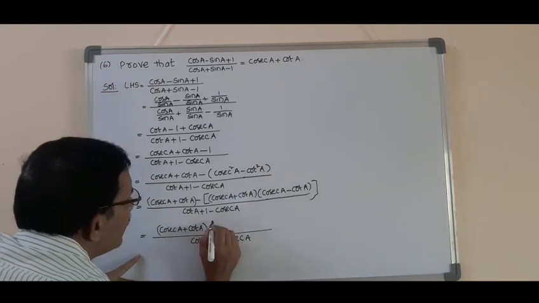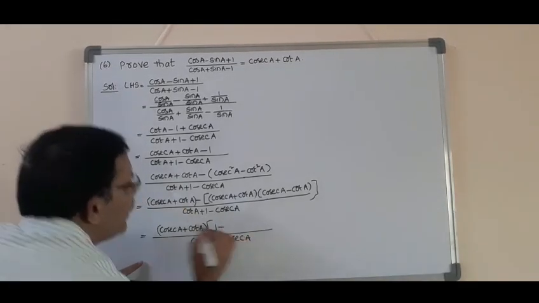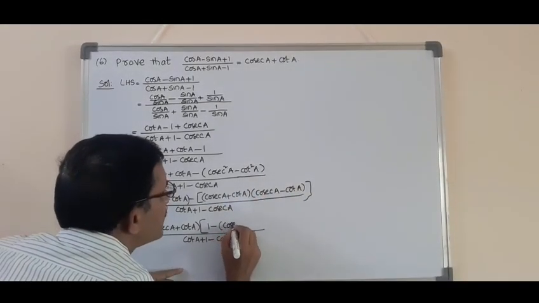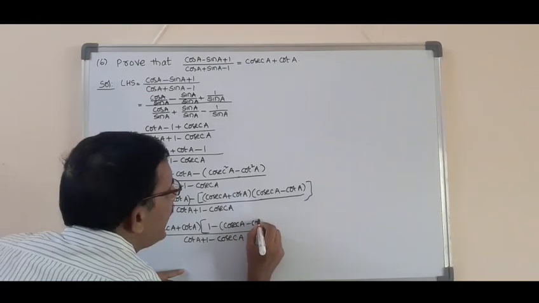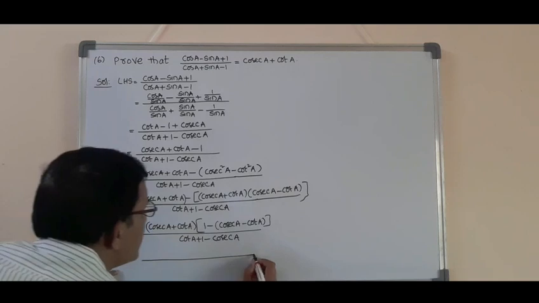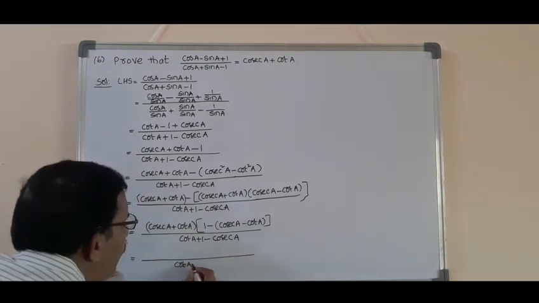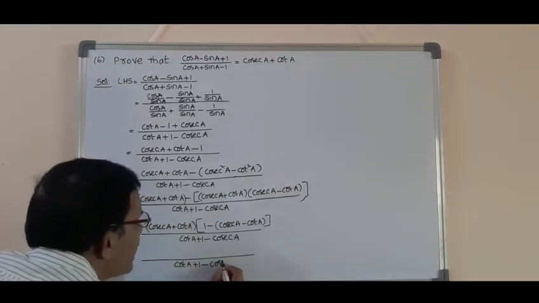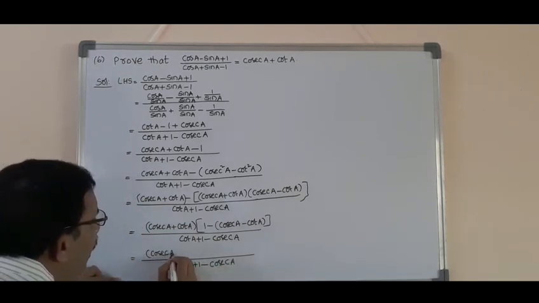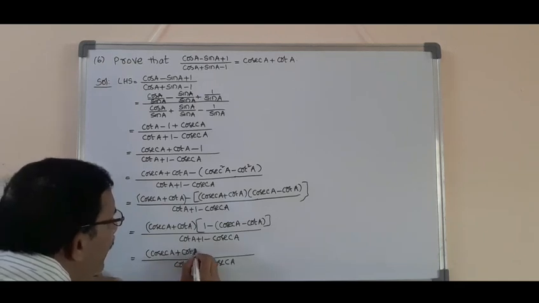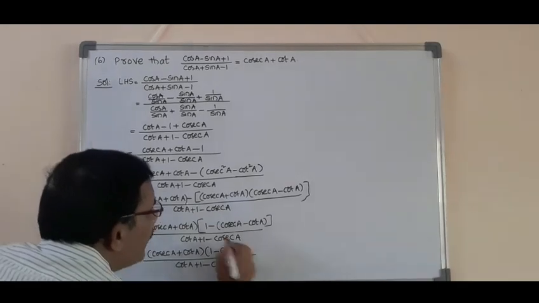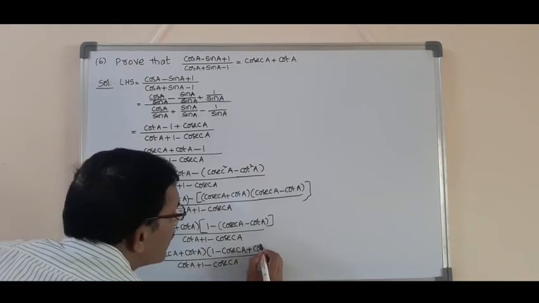If we take common, then here 1 will be left over minus this one will be left over, minus of cosec A minus cot A. Now denominator is same, cot A plus 1 minus cosec A. Numerator cosec A plus cot A into 1 minus cosec A minus of minus plus cot A.